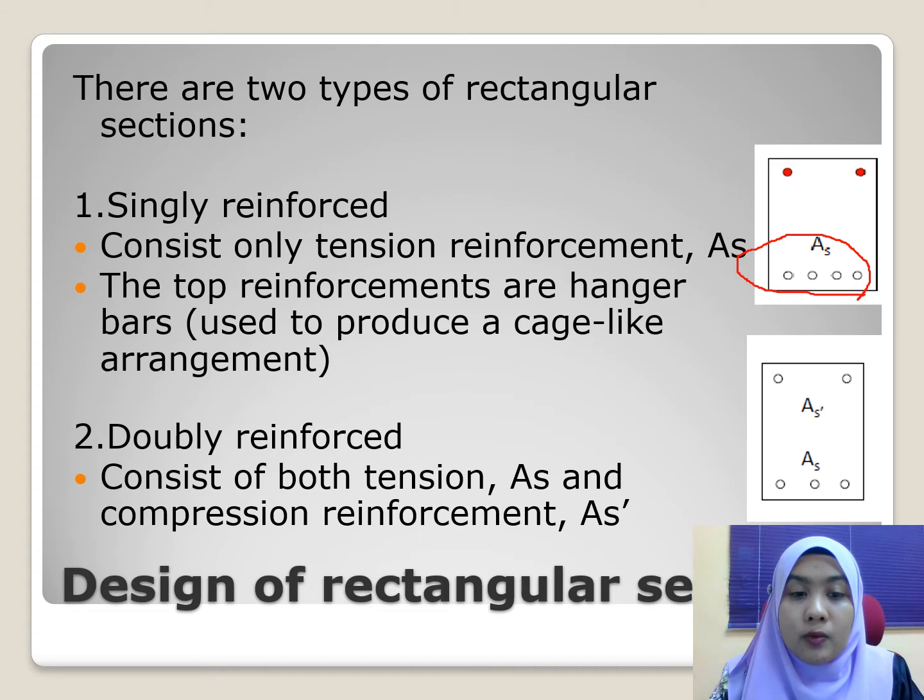A double reinforced section consists of both tension reinforcement and compression reinforcement. So you have top reinforcement and bottom reinforcement. The top reinforcement is compression reinforcement, and the bottom reinforcement is tension reinforcement.